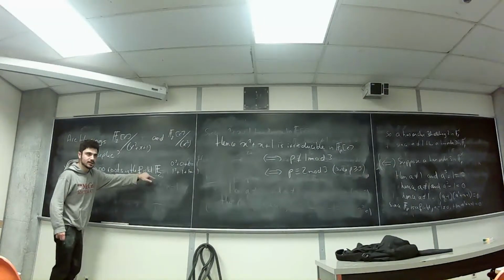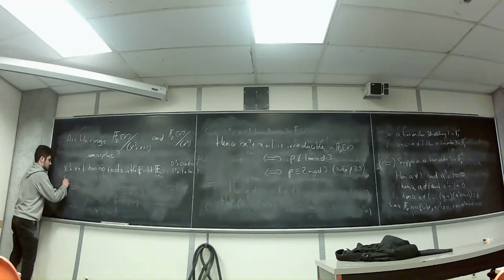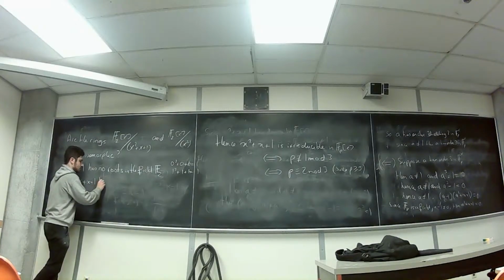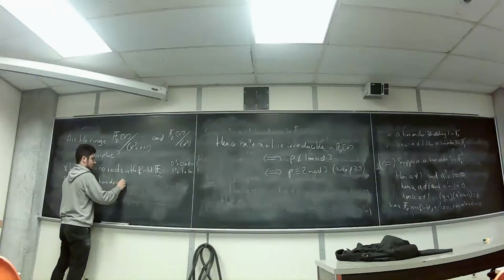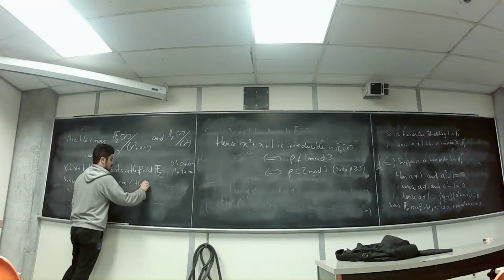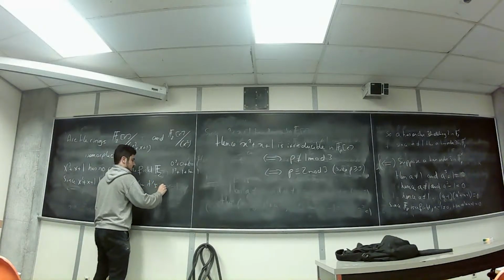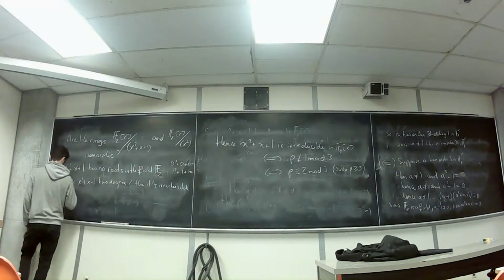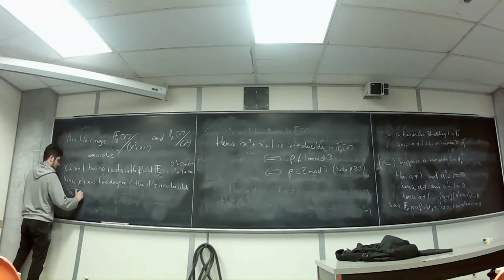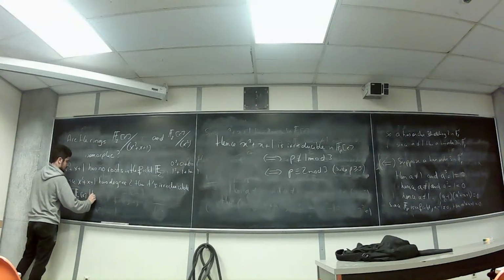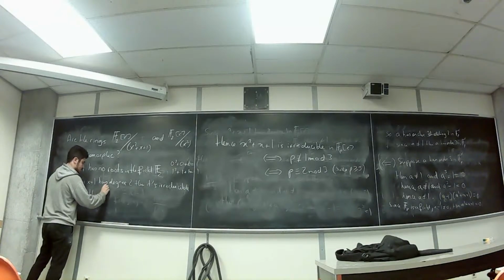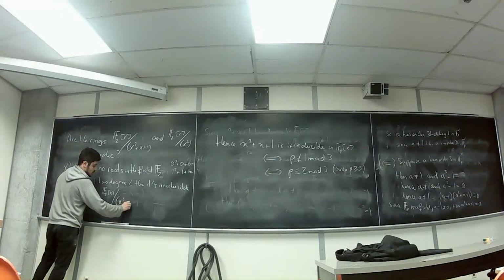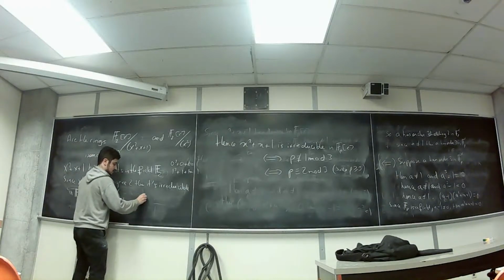In the field F2, since x squared plus x plus 1 has degree 2, this is important, then it's irreducible in F2[x]. Then F2[x] mod x squared plus x plus 1 is a field.